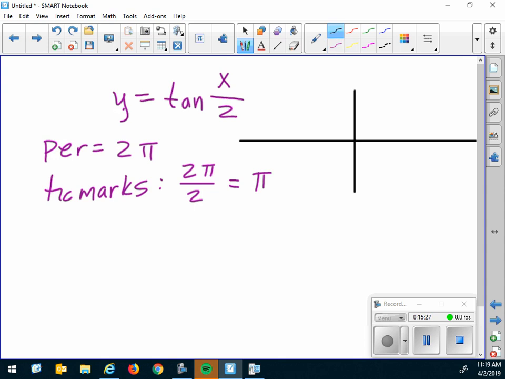It does not help you to tick mark off the vertical axis because there's not a maximum or a minimum, okay? Your tick marks, let's make them pi. So pi, 2 pi, 3 pi, negative pi, negative 2 pi, negative 3 pi. If you were doing this on graph paper, I'd probably suggest you go every other mark to make pi.